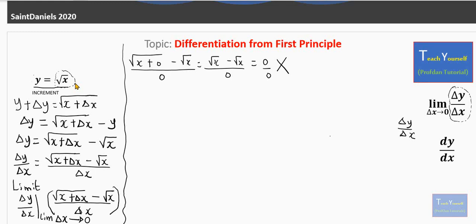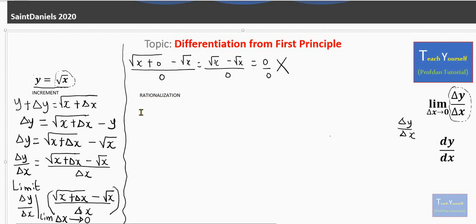Very simple. If you remember what we call rationalization, if you remember the concept of rationalization, that is what we are going to use now.